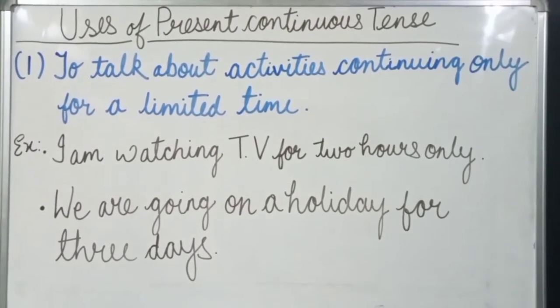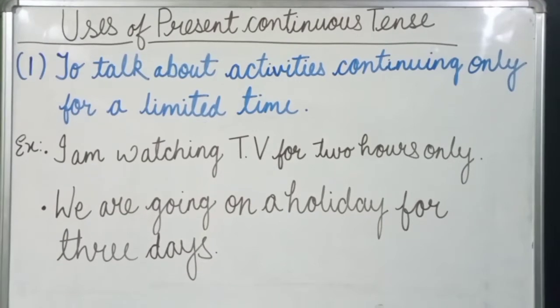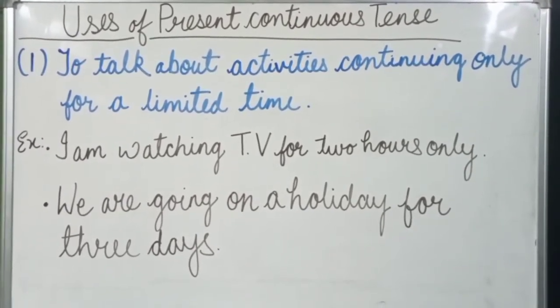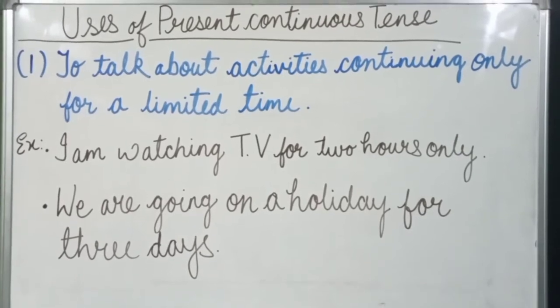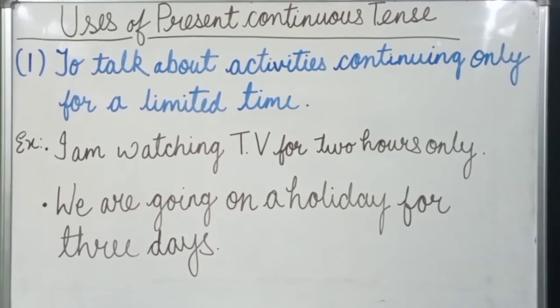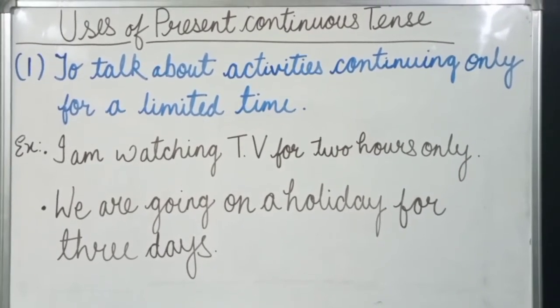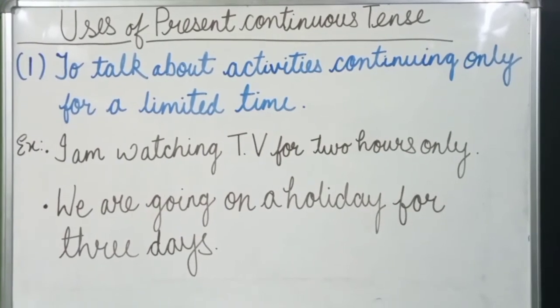Here, we have limited the duration of watching TV, that is for 2 hours. Example 2. We are going on a holiday for 3 days. Here, we have limited the duration of holiday for 3 days.